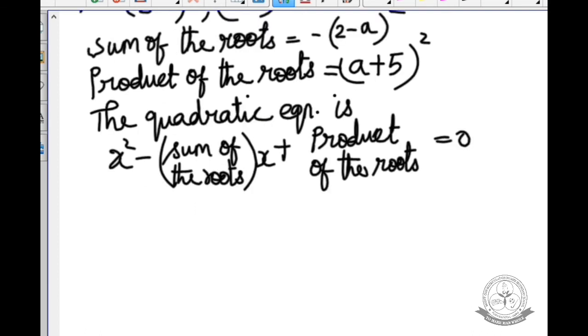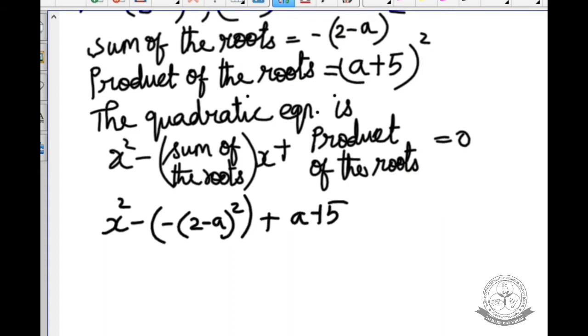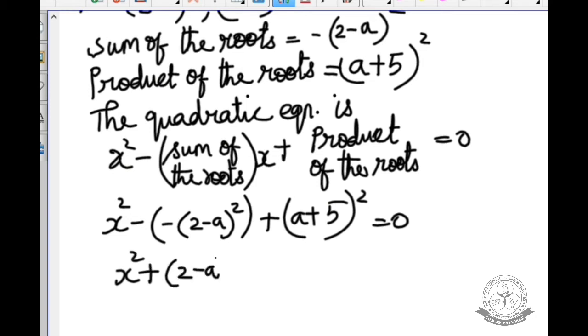Substitute, that is x squared minus of 2 minus a whole square plus a plus 5 whole square, x plus a plus 5 whole square equal to 0.